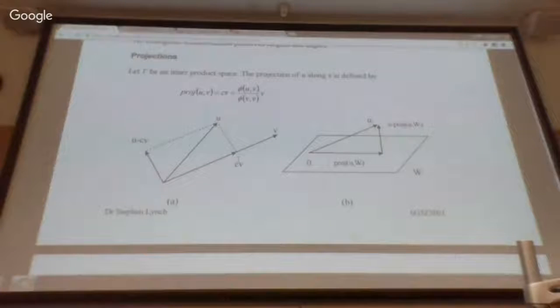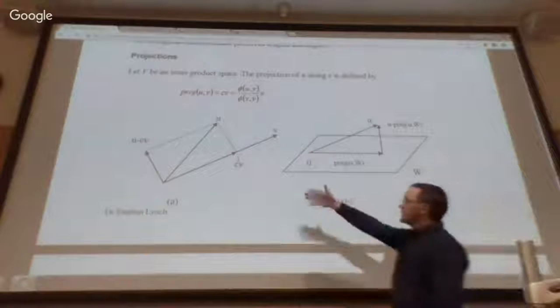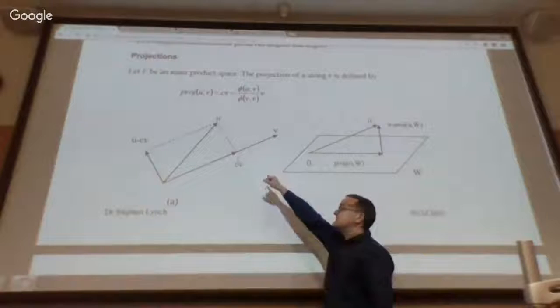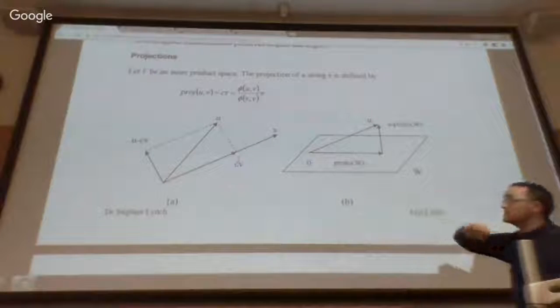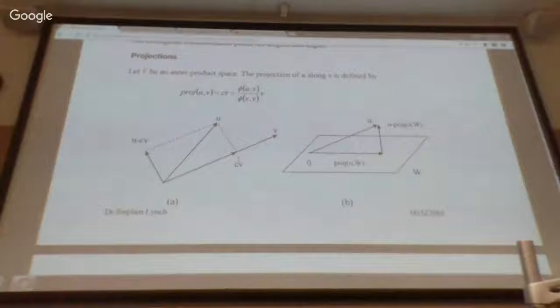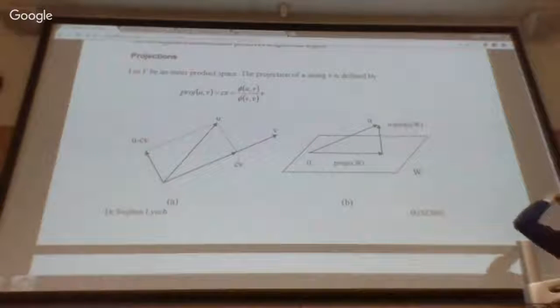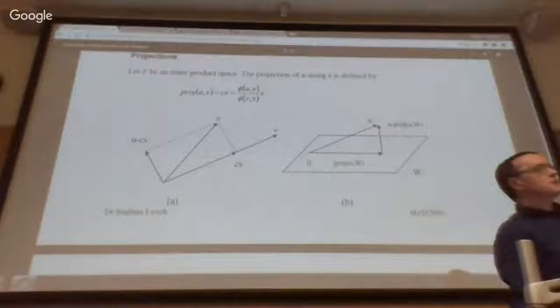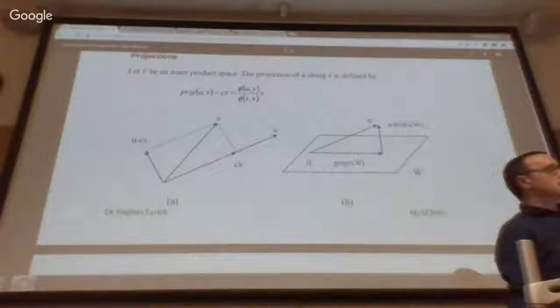And we talk about this as being the projection of u onto v, or the orthogonal projection of the vector u onto the vector v. It's a vector pointing in the same direction as v, so it's some scalar multiple of the vector v. So the cv here is the scalar c multiplied by the vector v. And the value of that scalar is exactly the Fourier coefficient of u with respect to the vector v. It's the same ratio of inner product values that came up in the theorem that we just proved.